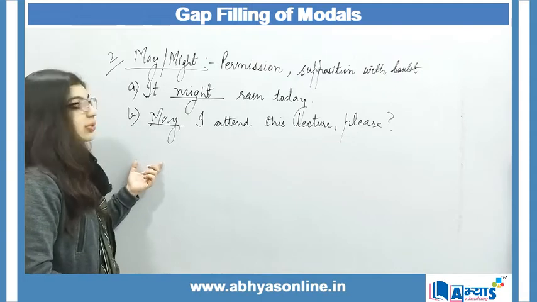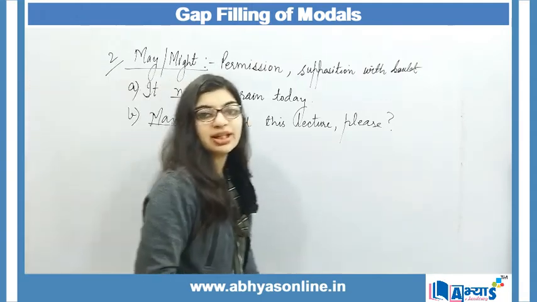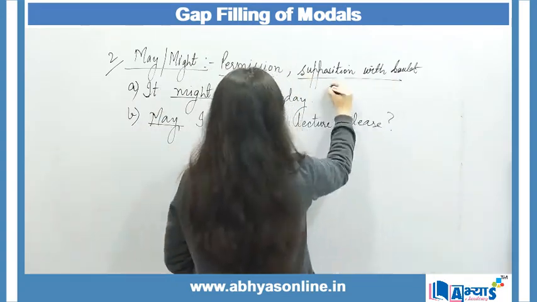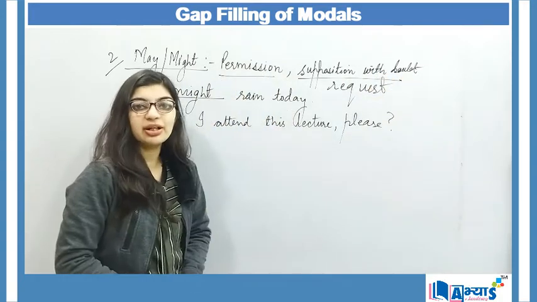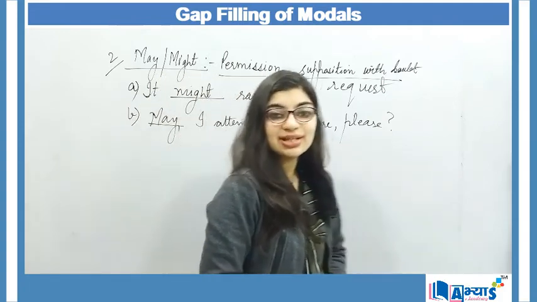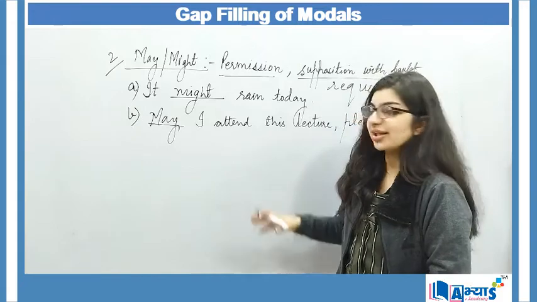I will not use the word might over here, because for seeking some kind of permission or for making some kind of request, where you are not sure that whether the person will say yes or no, in that case, we make use of may. May I attend this lecture, please?